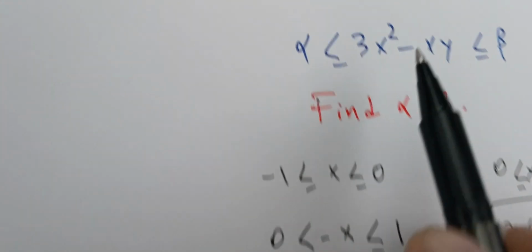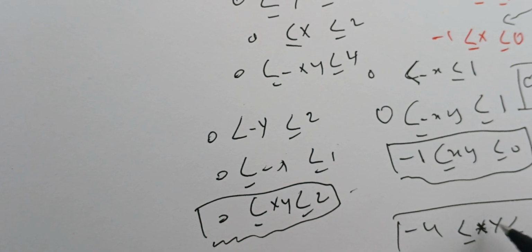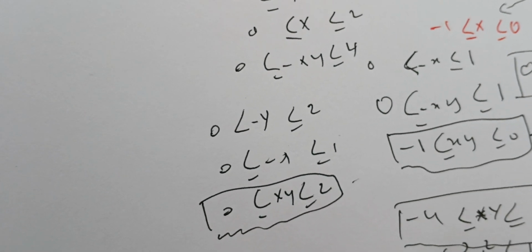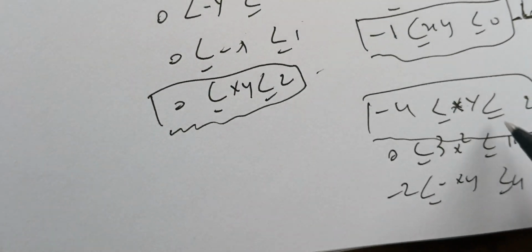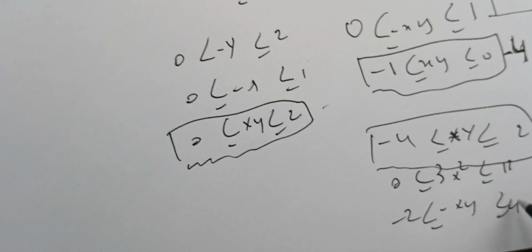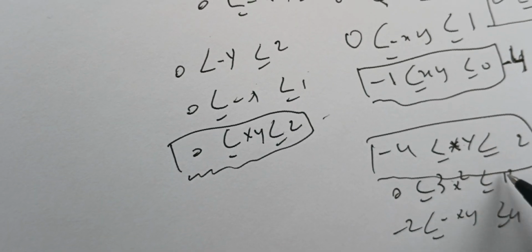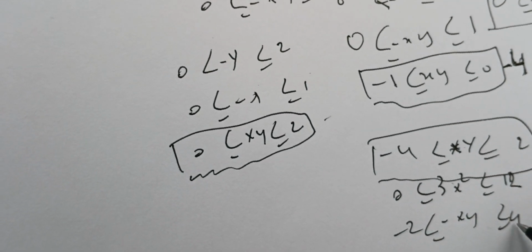We want 3x squared minus xy. So therefore, we multiply xy by a minus to get minus xy is between minus 2 and 4. And therefore once we add these two, without worrying about the sign, we have 3x squared between 0 and 12, and minus xy is between minus 2 and 4.